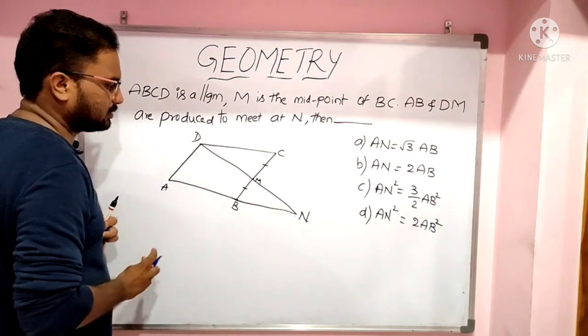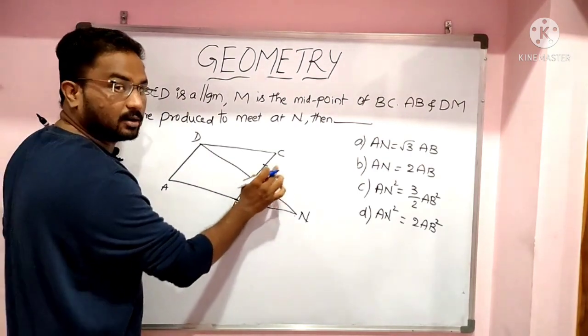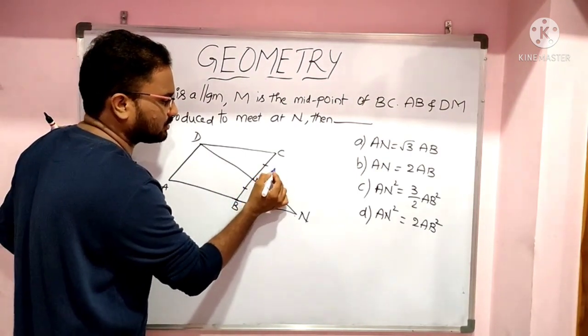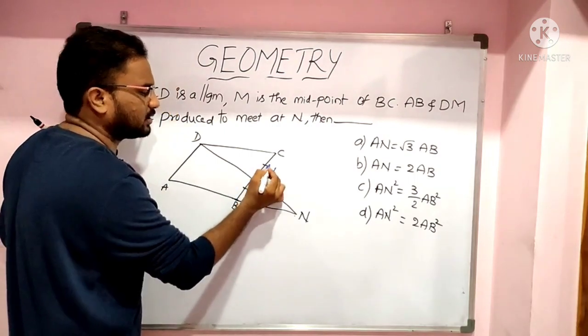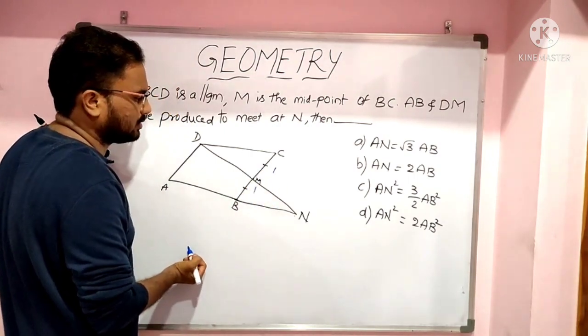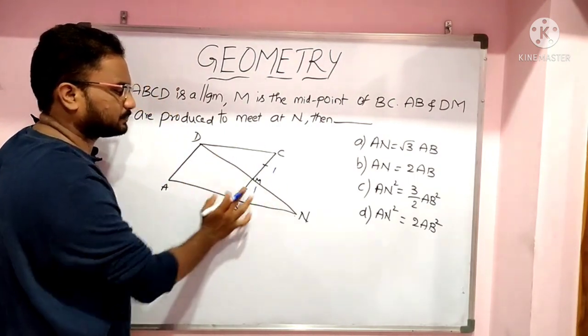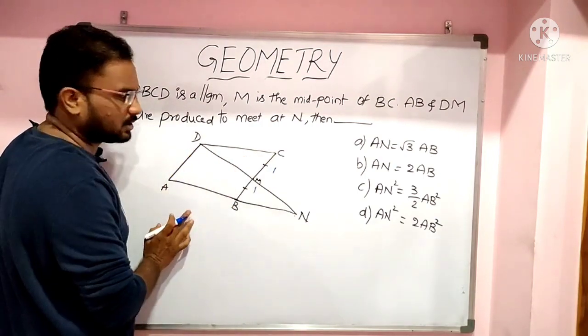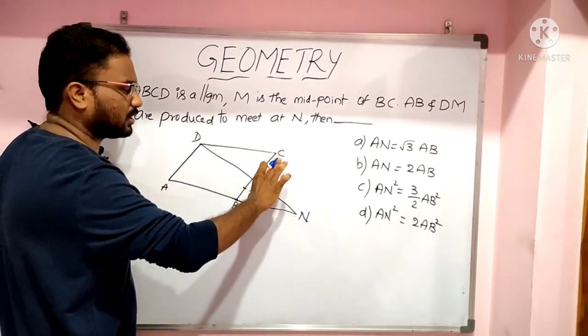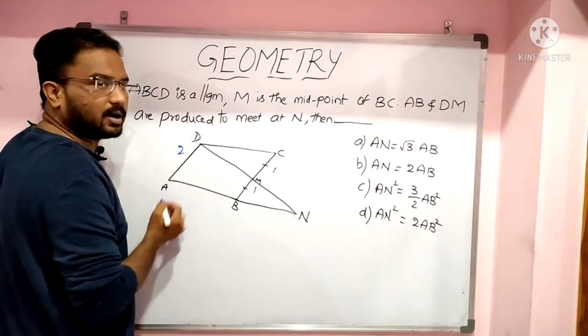So first of all, these two lengths are equal. That means the ratio of these two is 1:1. If this is 1, this will be 1. ABCD is a parallelogram, so if this side is 2 parts, then this side will be 2 parts.